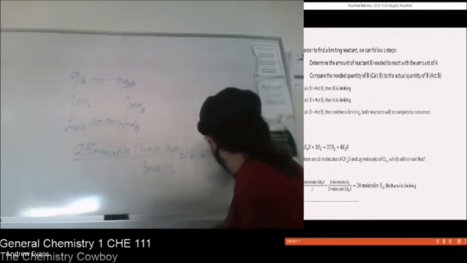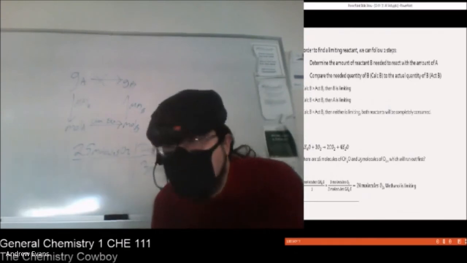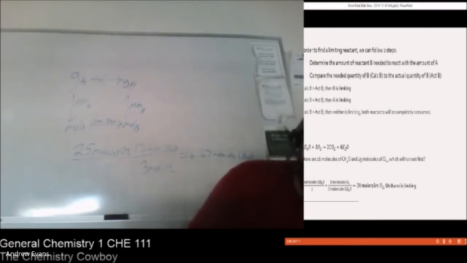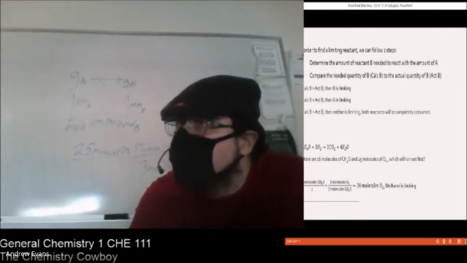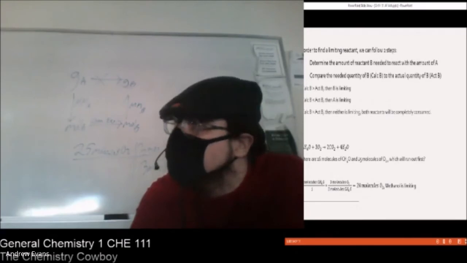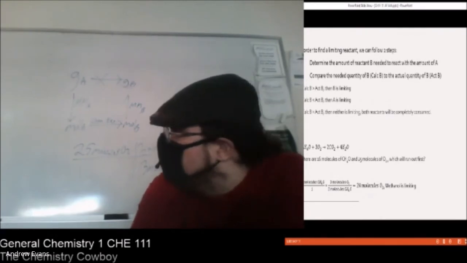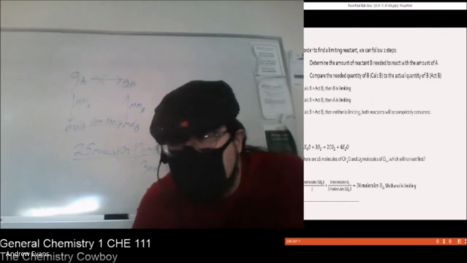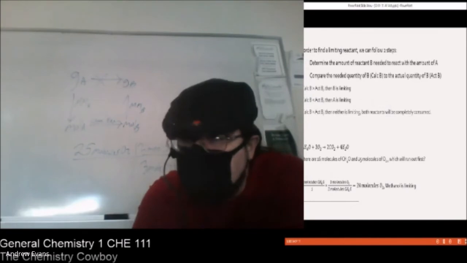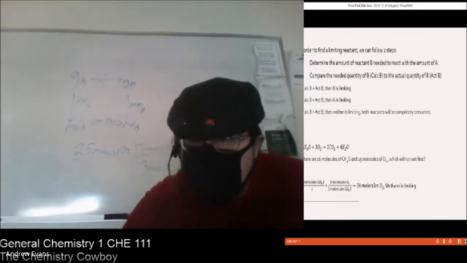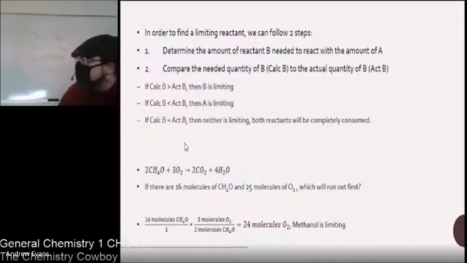So what does that mean? From the oxygen standpoint, you need 16.67, or 16 2/3, of a molecule to fully consume 25 molecules. We have 16 molecules. 16 is less than 16 2/3. So once again, methanol runs out first. It doesn't matter which way we look at this, methanol remains limiting.